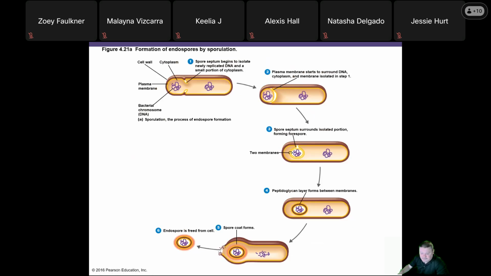In fact, they've even found endospores that were millions of years old, and were able to get those to become vegetative again and come back and form a living bacteria. So these can last a long time and last in harsh conditions and come back. But you'll do this stain more towards the end of the semester. Well, not really. You'll do it towards midterm and right before you do your unknown.